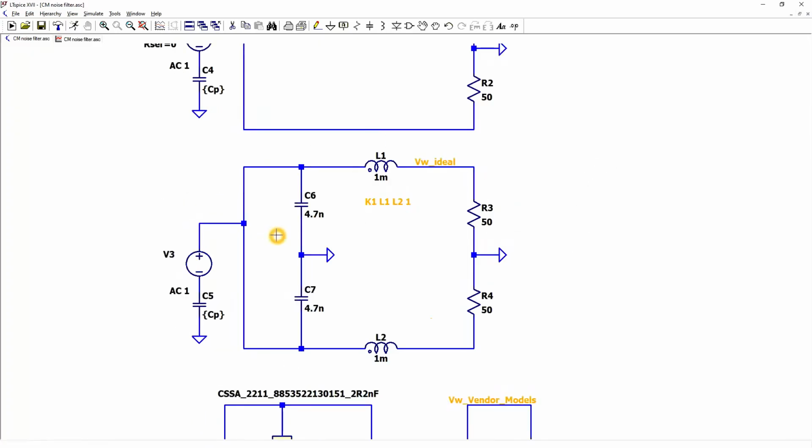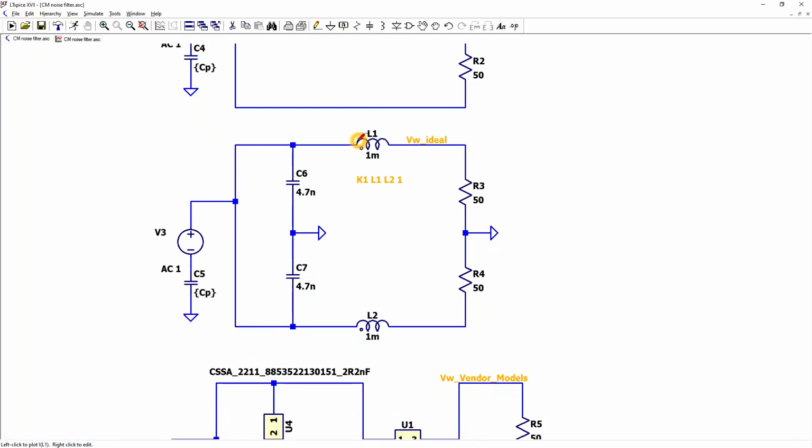The second circuit consists of CY capacitors connected to the ground reference. These are safety capacitors that will open in case of failure to protect the user of the device from short circuit. Further, we have coupled inductors with windings starting from the same side. These coupled inductors are called a common mode choke.